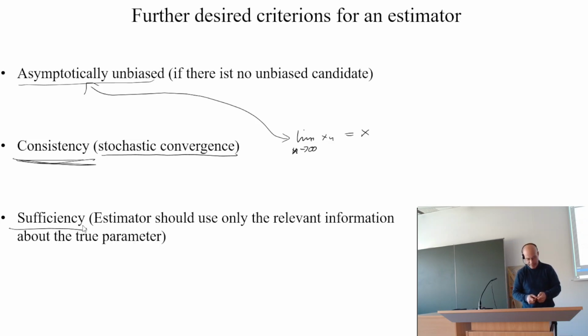And for this, we then call an estimator sufficient if we do not use all the information we have in our data set, but only the relevant information, in order to meet afterwards the true parameter directly in the expected value or asymptotically.